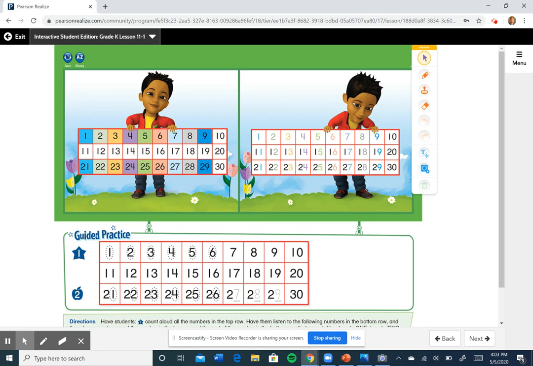Some of those numbers were right, but they're different because this is 11, not 1 teen. This is 12, not 2 teen. This is 13, not 3 teen. They sound different. That's why they are not colored as well.